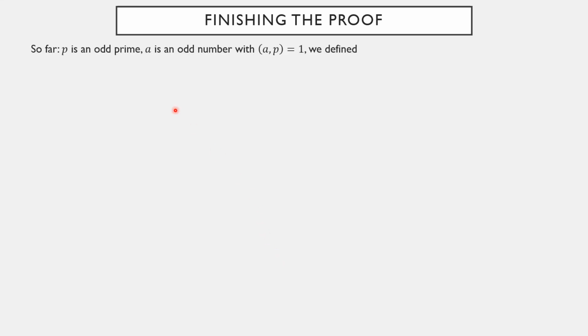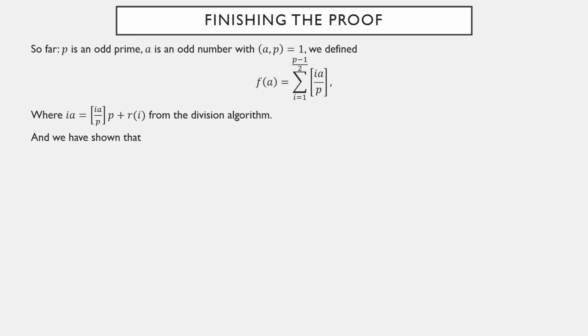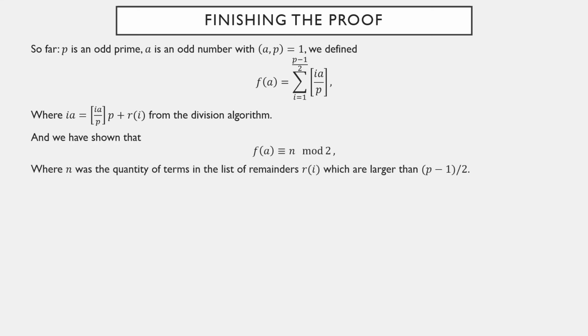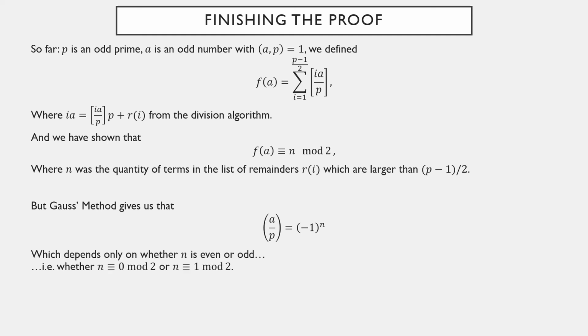All right, so where are we? p is an odd prime. a is an odd number relatively prime to p. f of a was this sum of quotients. And we have shown that f of a is equivalent to n modulo 2, where n is how many of the remainders are big. Gauss's method tells us the Legendre symbol can be computed as -1 to the n.